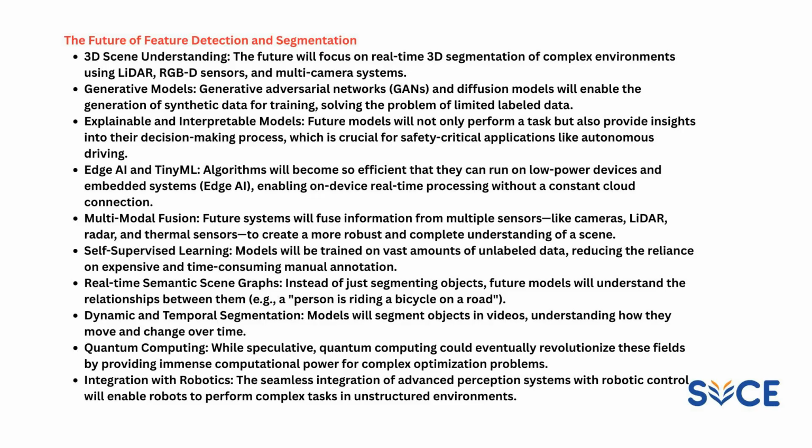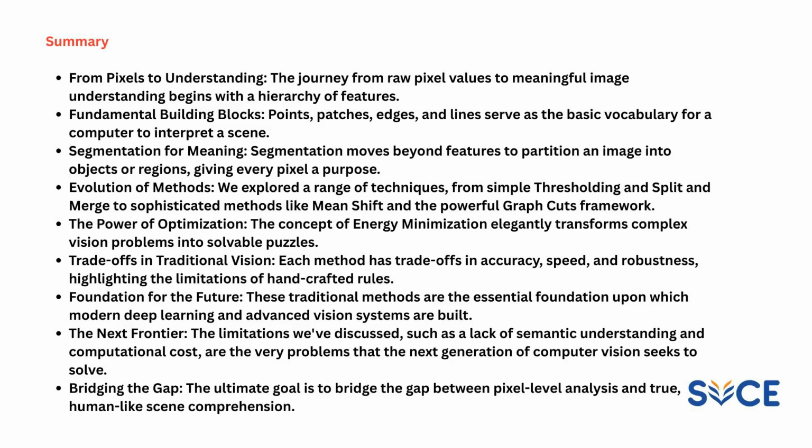So let's go through a summary of this unit, from handcrafted rules to learned vision. In this unit, we have explored the core building blocks of traditional computer vision, moving from the most basic element to a sophisticated framework for image understanding.